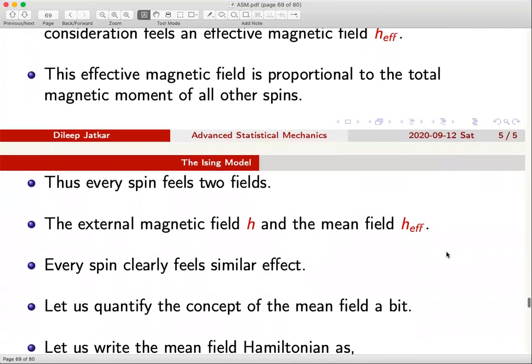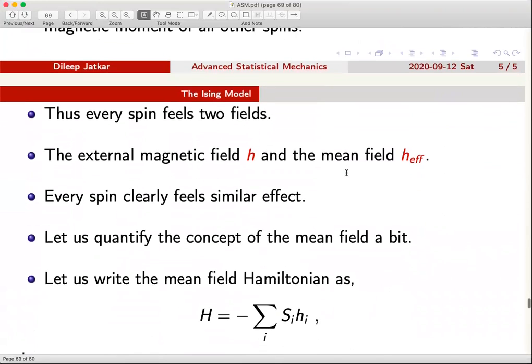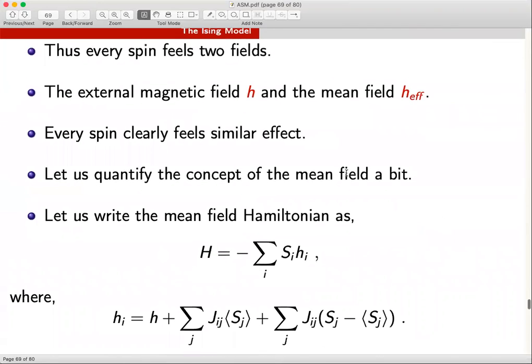So as I said, as a result of this effective magnetic field, every spin will feel two fields. One is external and one is the mean field H effective. But as far as the spin is concerned, it effectively feels a similar effect.